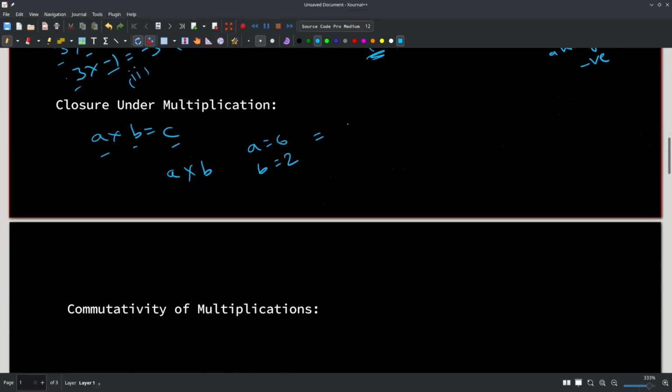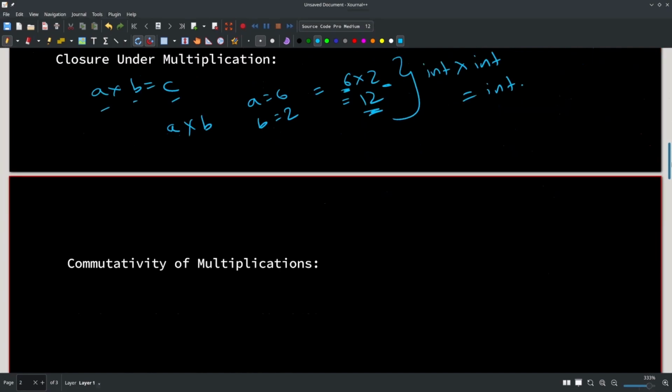We're going to get 6 into 2, which is 12. Is this an integer? Yes. Are these two integers? Yes. So hence you have integer into integer will result in another integer. That is your closure under multiplication.